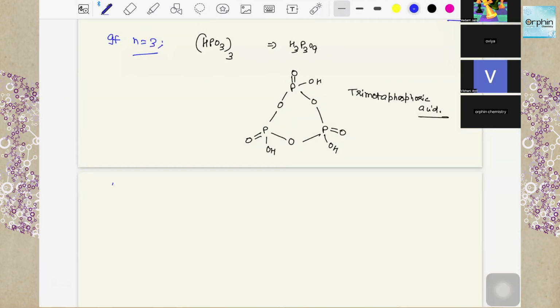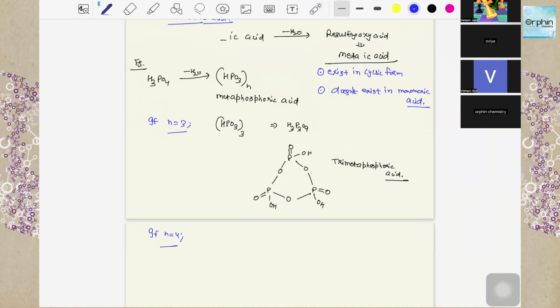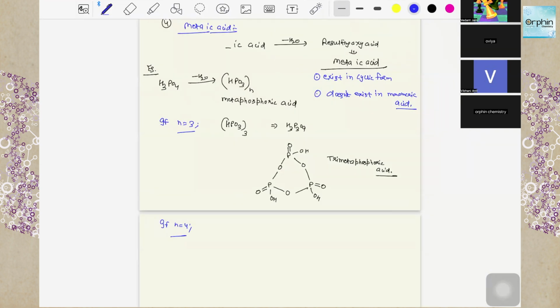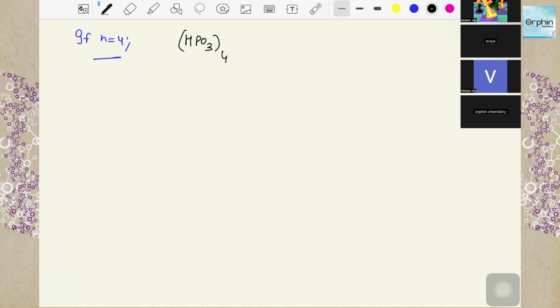Can you make it if the value of n is 4, draw the structure and write the name also? If n is 4, then it will be (HPO3) whole 4, right? We have to write 4 phosphorus atoms and put one oxygen in between them.